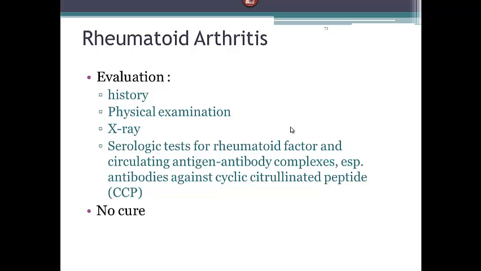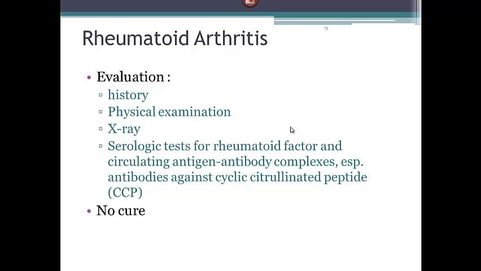Evaluation, again, although clinical evaluation is relevant. X-rays, you could see all the deformities. Serological tests, you would do an ANA, rheumatoid factor, and also circulating antigen-antibody complexes, but the most specific for rheumatoid arthritis is antibody against cyclic citrullinated peptide.